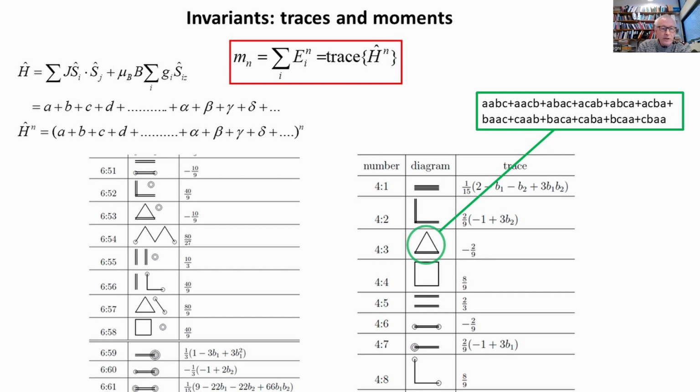See, just to remind you, we are looking at an operator of this form. And if we take all the terms with J and exchange them with Latin letters, and take all the terms with B or Sz and exchange them with Greek letters, we need to be able to make the matrix representation of this operator and take it to some power n.